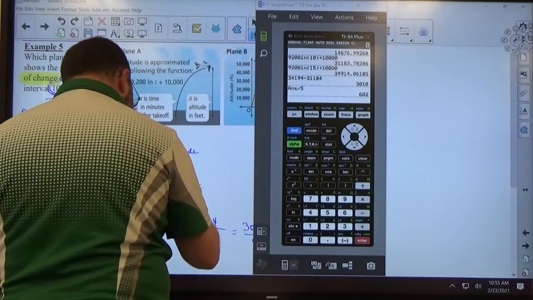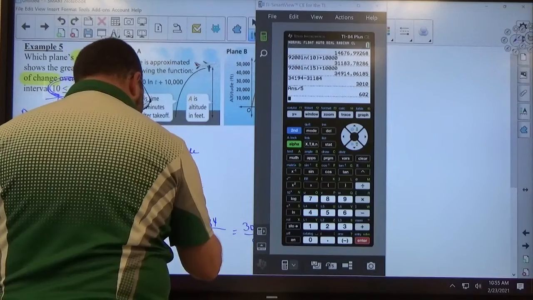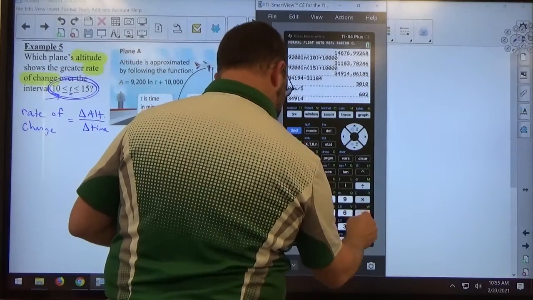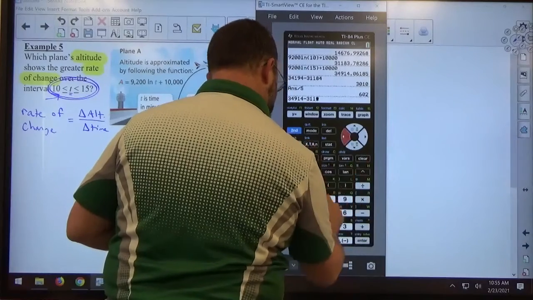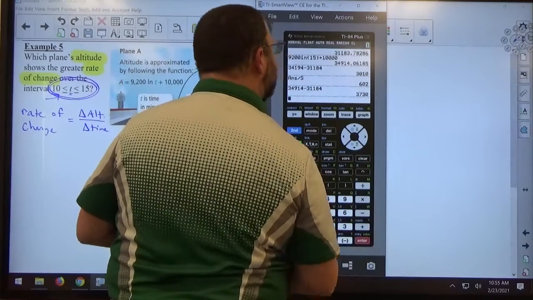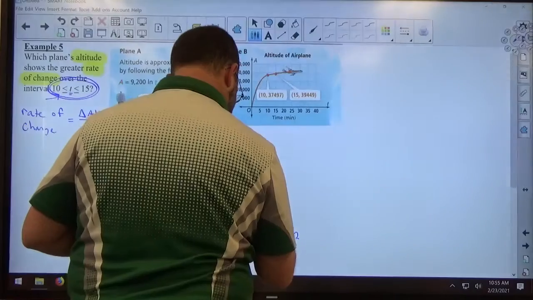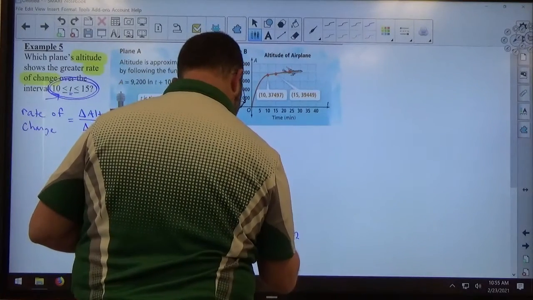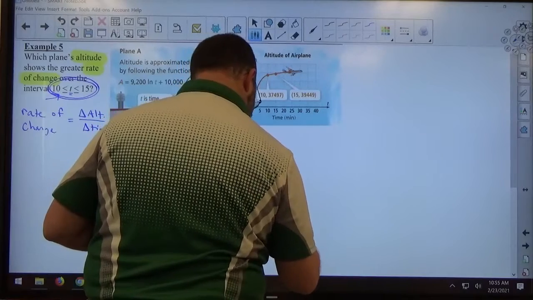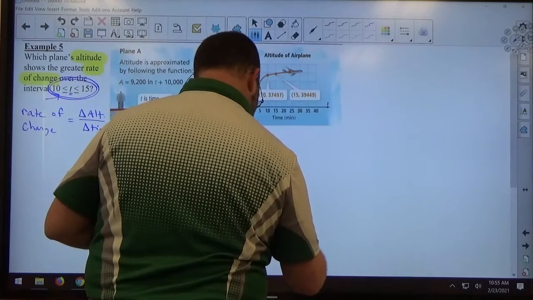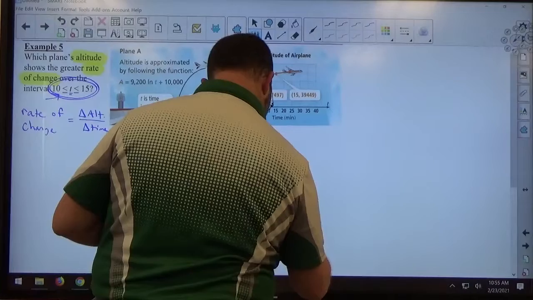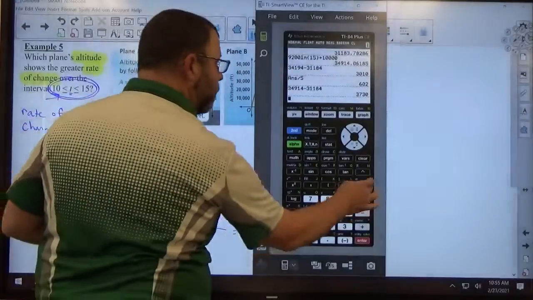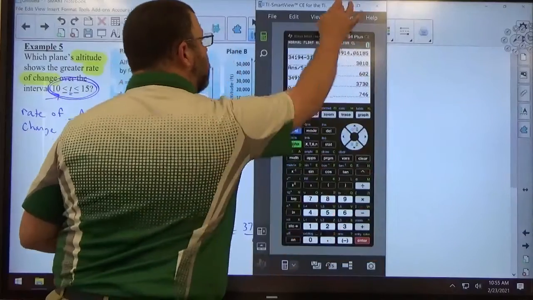And that should be 34,914, so let's get it right. 34,914 minus 31,184 is 3,730. Divide that by 5, we get 746. Divided by 5, yep, 746, okay.